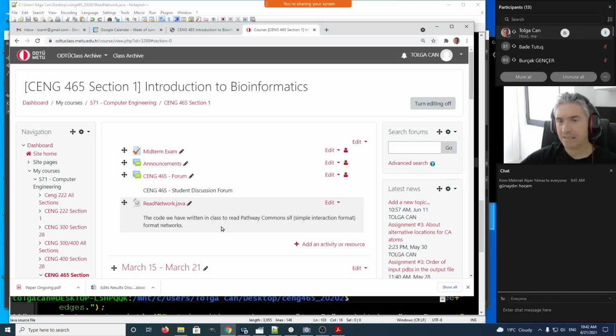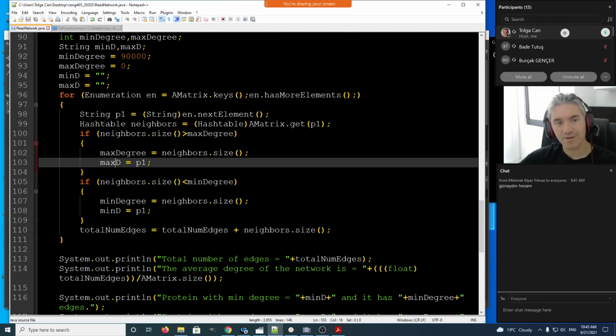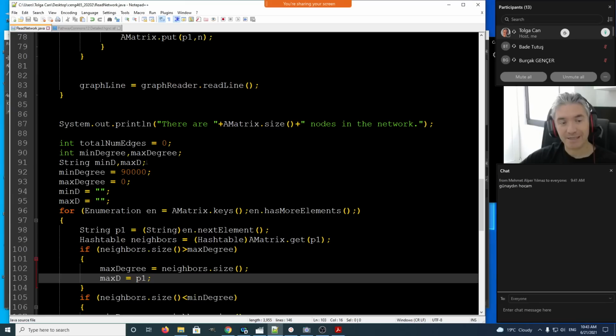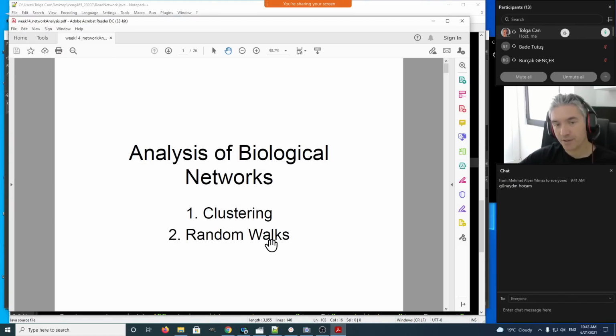So it reads that and computes the average degree, and the important thing is that it reads the network into an adjacency list representation. With a simple loop like this, you can do different analyses on those, and you can implement the techniques that we are going to see next, the clustering and random walks on graphs, these algorithms that I'm going to describe.